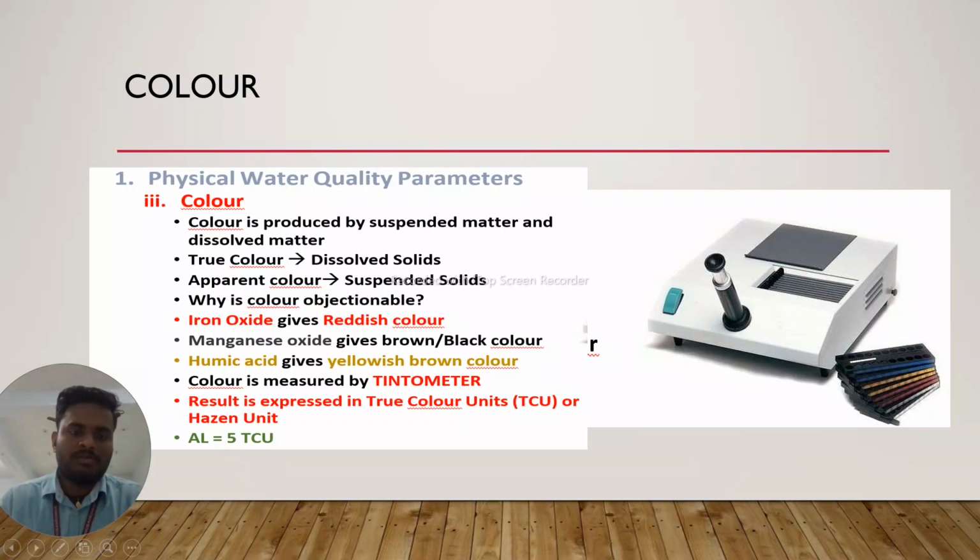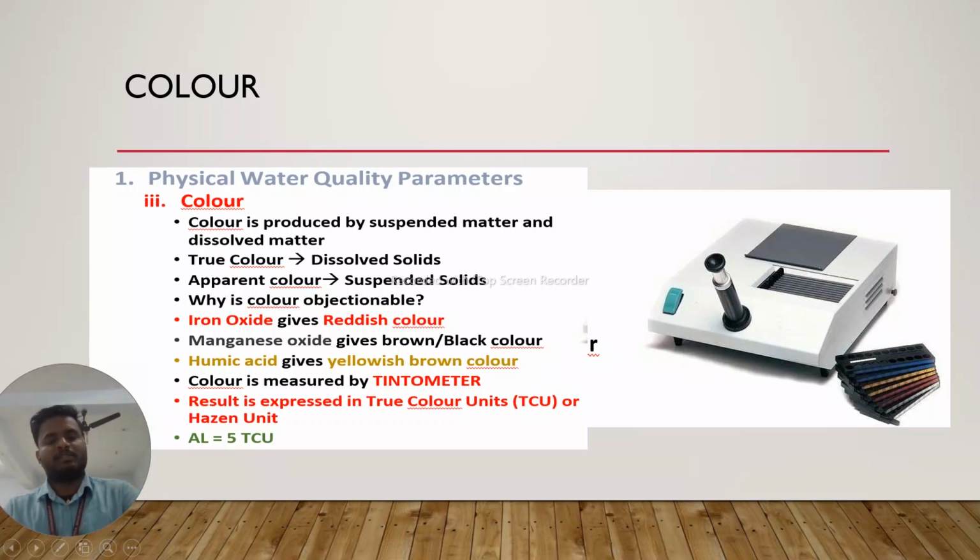Why is color objectionable? We know that water color is objectionable, but we have to find out what the particular color is and what color should be present in that water. For that we use the tintometer.